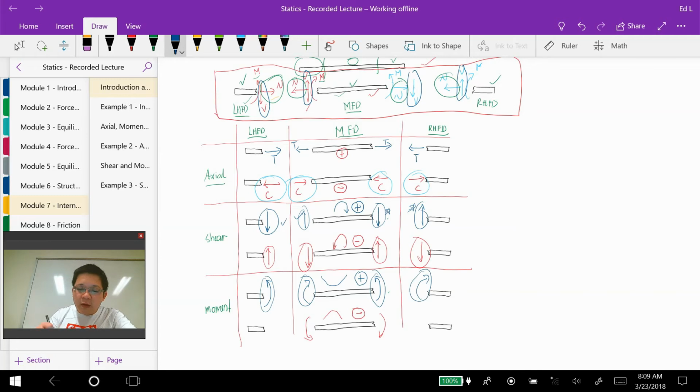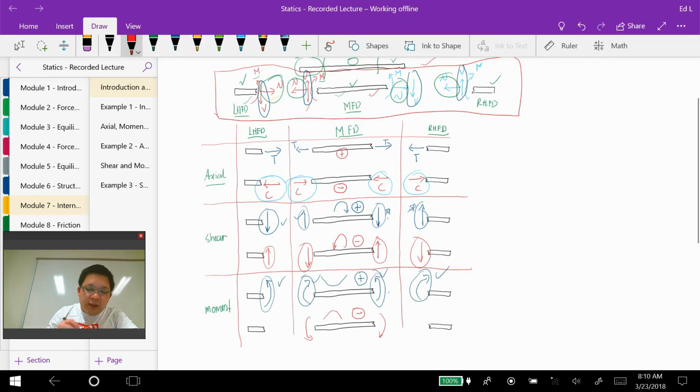And note that all of these in here are positive sign conventions. No matter whether it's clockwise or counterclockwise, it's still a positive sign convention, because the baseline that we use to determine the sign convention is the one at the middle free body diagram, not whether it's clockwise or counterclockwise.